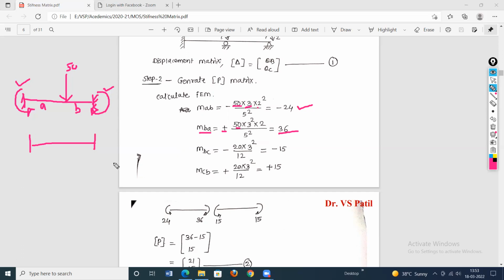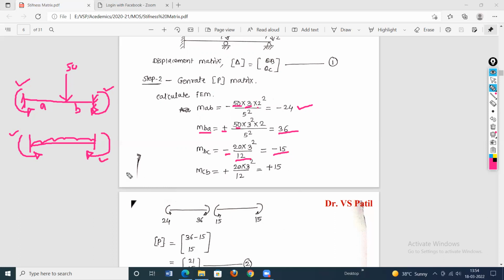Now for the second span, the BC span, there is a uniformly distributed load. So what is the fixed moment here? It is hogging nature, anti-clockwise direction, and this one is clockwise direction, also hogging nature. It is a fixed beam subjected to UDL. So this moment M BC is minus W L square by 12, so its answer is minus 15.